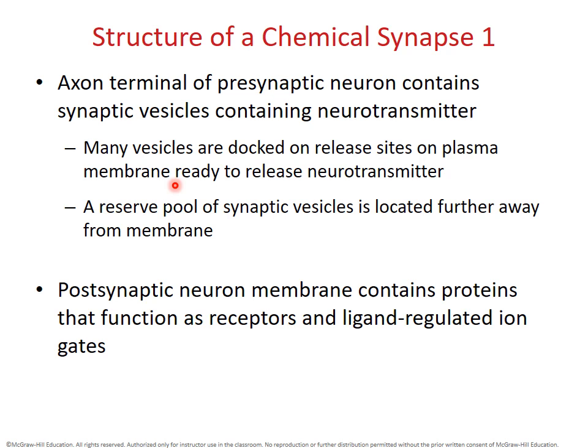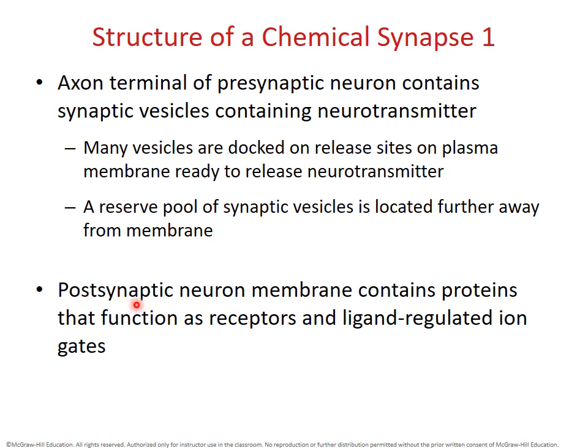We do have reserve synaptic vesicles that are located farther away from the surface of the axon terminal, and as the name implies, we hold those in reserve to replace neurotransmitter that we lose as synaptic transmission takes place.